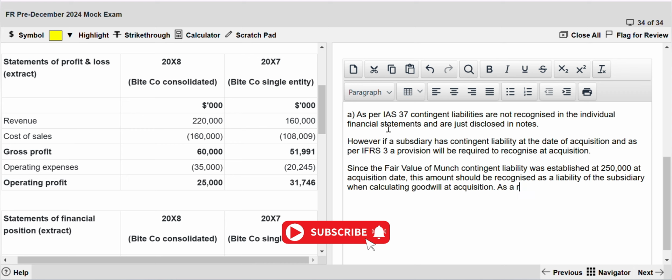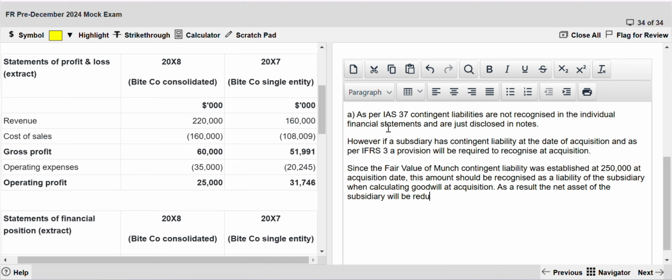Right? As a result, the net assets of the subsidiary will be reduced and goodwill will increase.